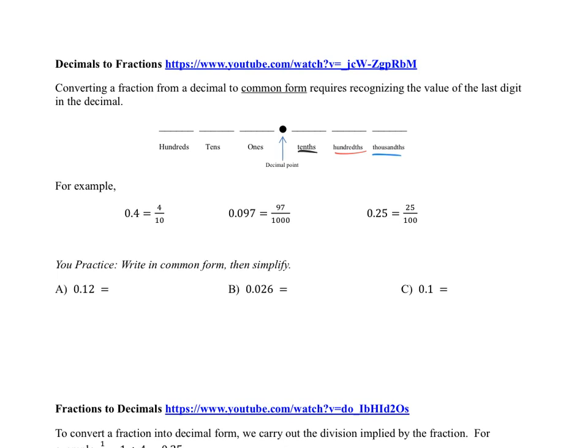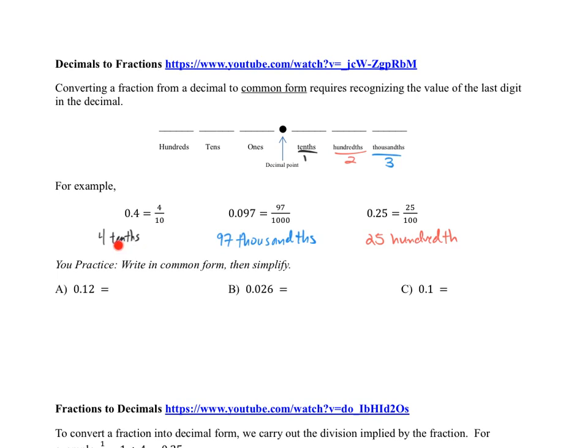And it's just 1 decimal place for tenths, 2 decimal places for hundredths, or 3 decimal places for thousandths. So for example, these 3 fractions right here, we would say each of them like this. We would have 4 tenths, 97 thousandths because it's out to the 3rd decimal place, or 25 hundredths because it's out to the 2nd decimal place. And so these fractions start making a little bit of sense.